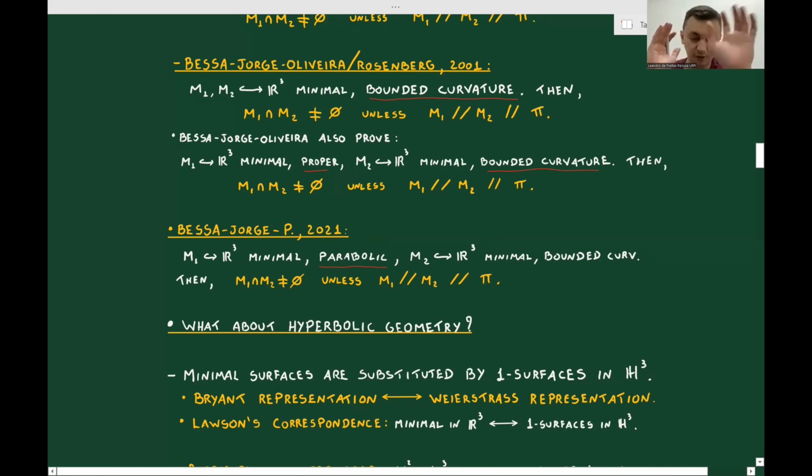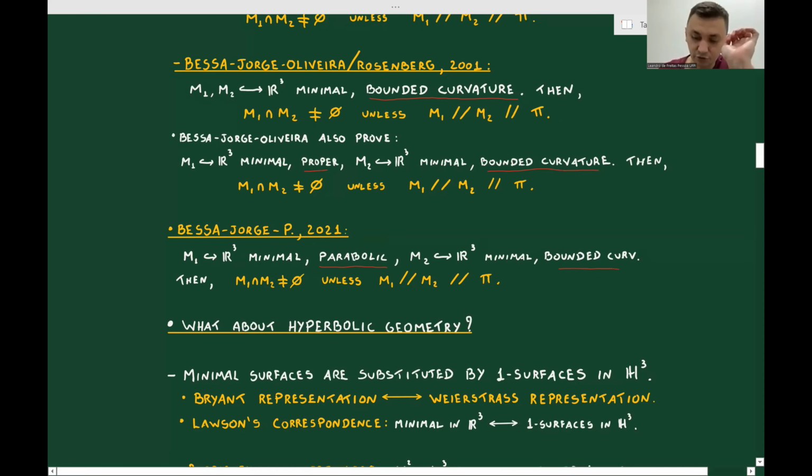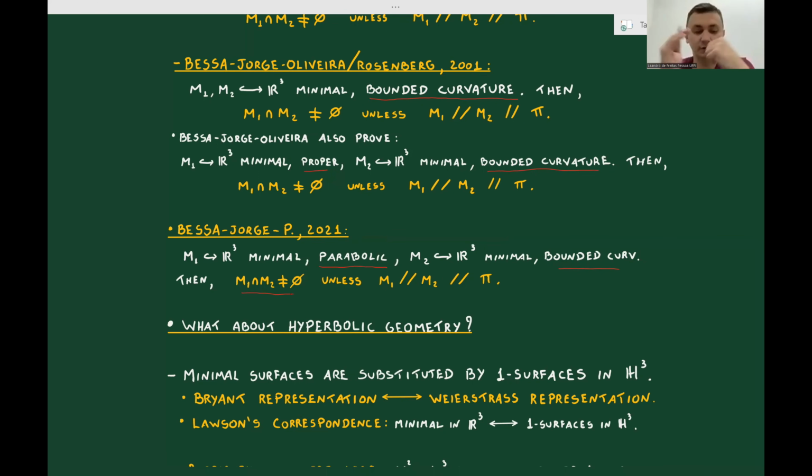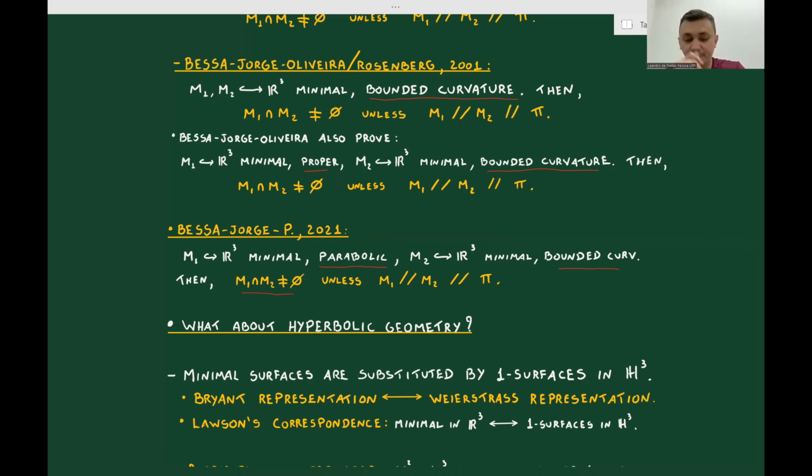So in this case, particularly, and M2, the other minimal surface, we assume with bounded curvature. In this case, we can prove that the surfaces must intersect or they are parallel, but not planes, because I'm not assuming that M1 is complete. But if you assume M1 is complete, in this case both surfaces are parallel planes.